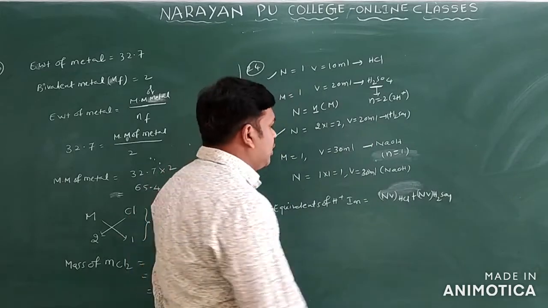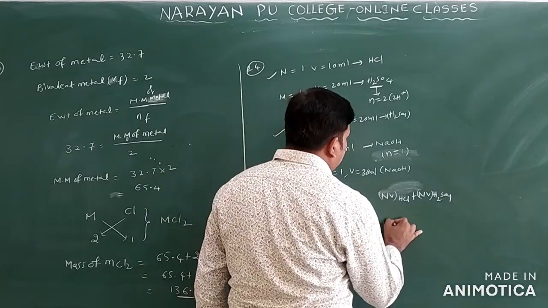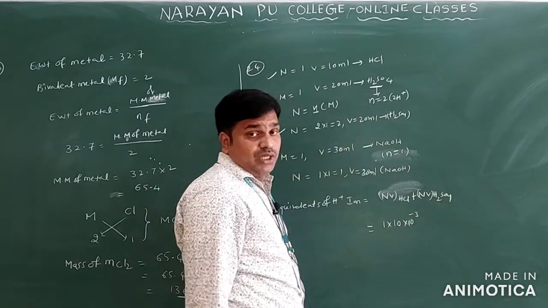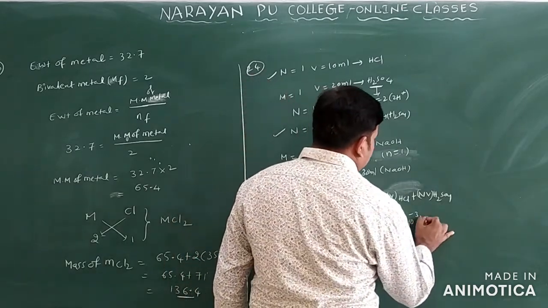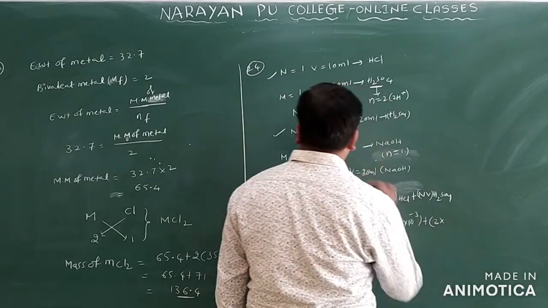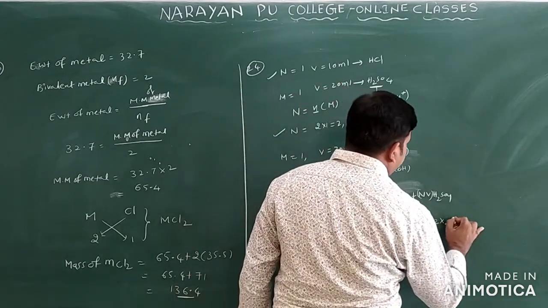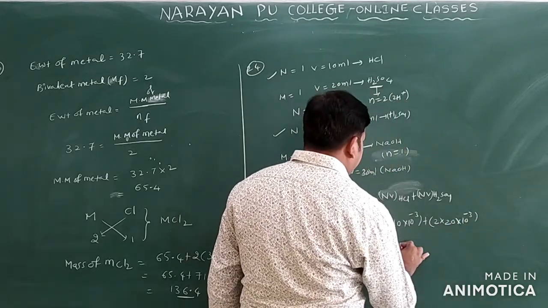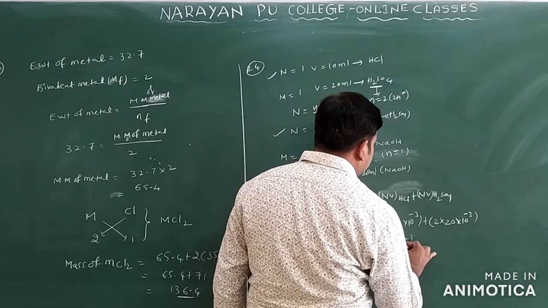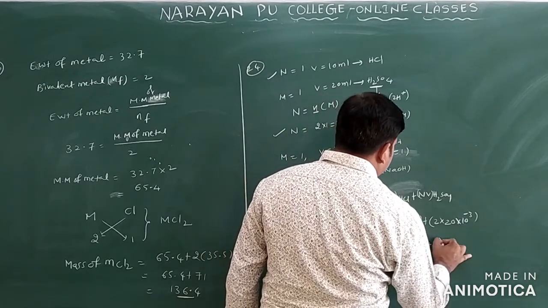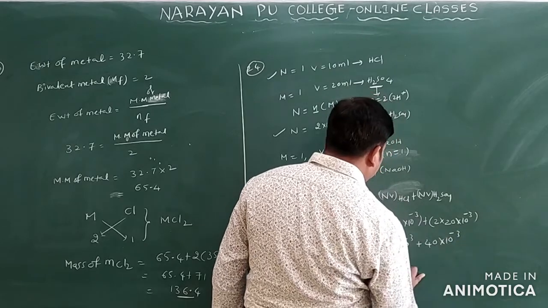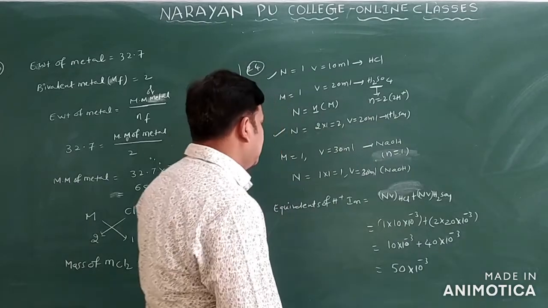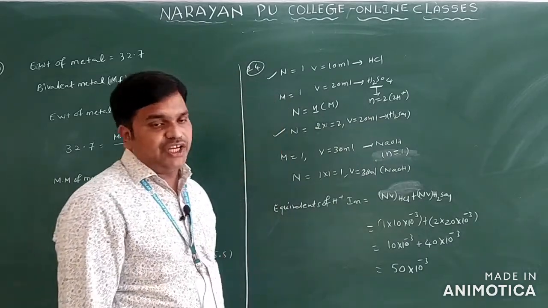Normality is 1, volume is 10, taken in liters, that is 10 power minus 3 liter, plus normality 2 and volume 20 into 10 power minus 3. So you will get 10 into 10 power minus 3 plus 40 into 10 power minus 3. From this you will write 50 into 10 power minus 3. This is my equivalents of H plus ions.